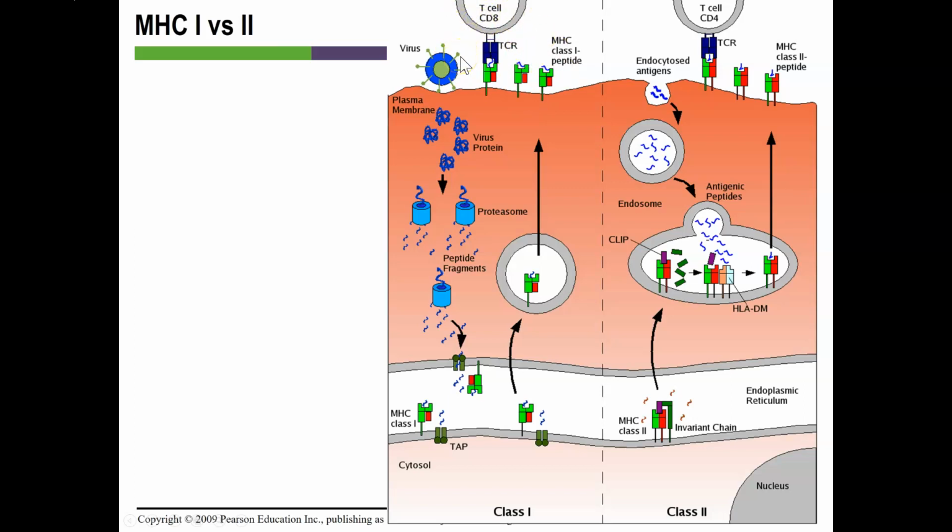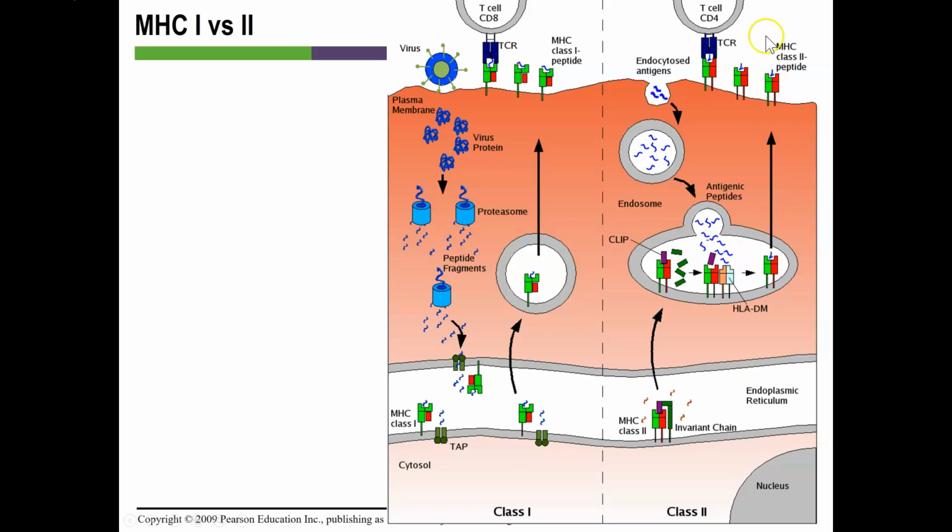For the exogenous antigens, they are endocytosed. We have a phagosome and a lysosome that are going to fuse. That is going to allow the digested pieces of the exogenous antigen to be coupled with MHC2 and ultimately to be put back out onto the surface.